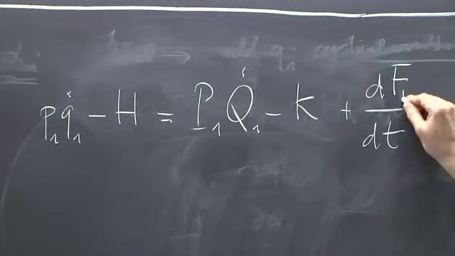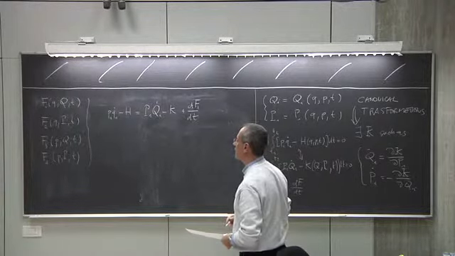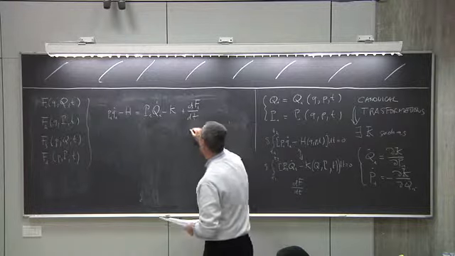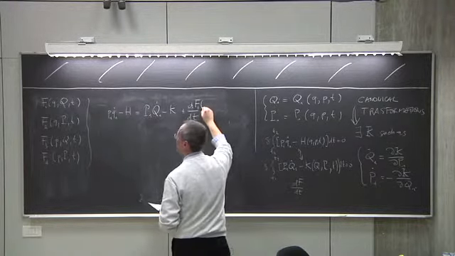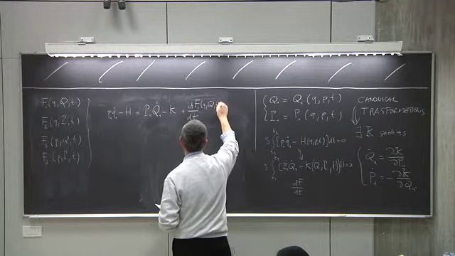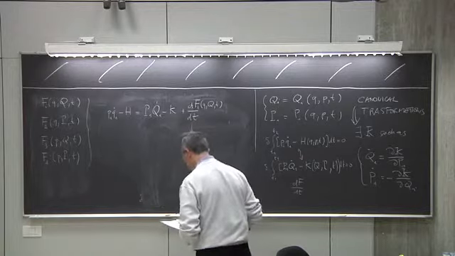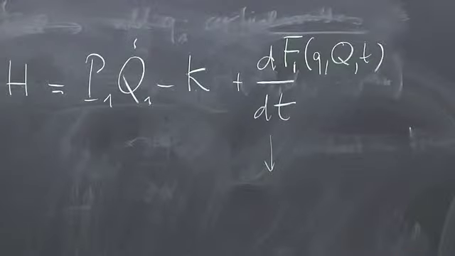So for instance, let's look at the case in which I have the F1 function. This is the total derivative of f, and F1 is a function of little q, big Q, and t. So what is this total derivative? Well, it's the usual story.